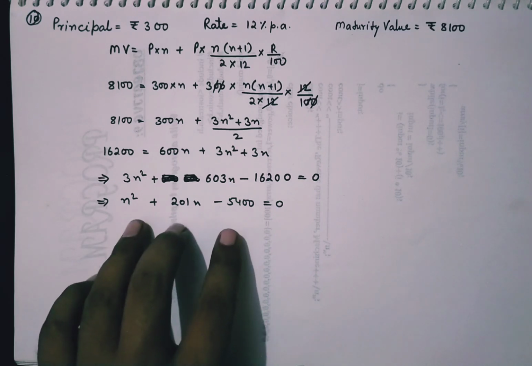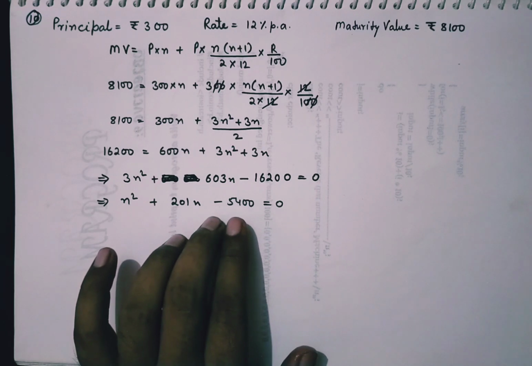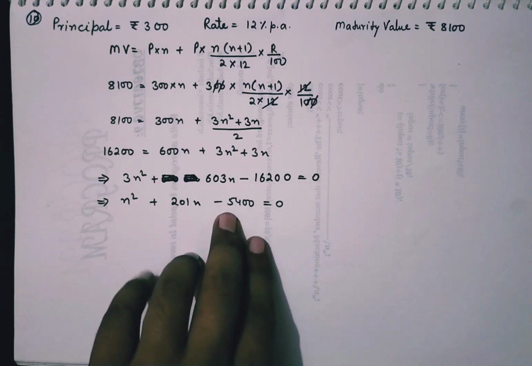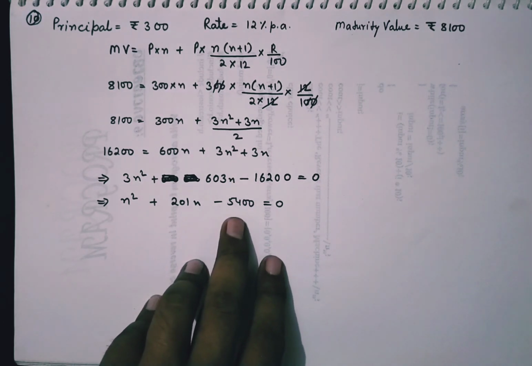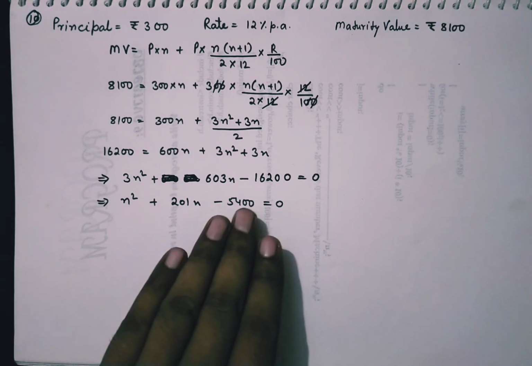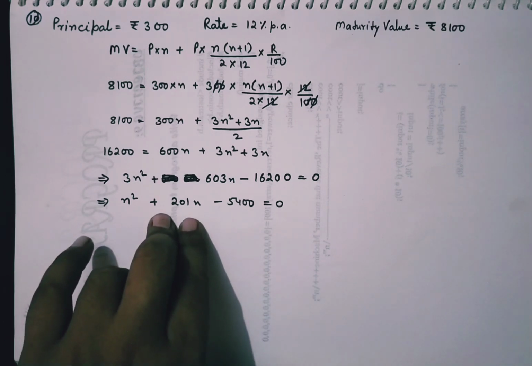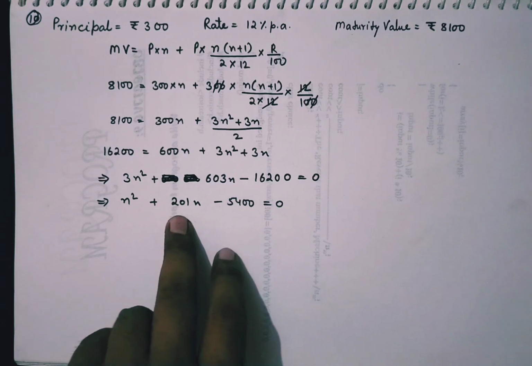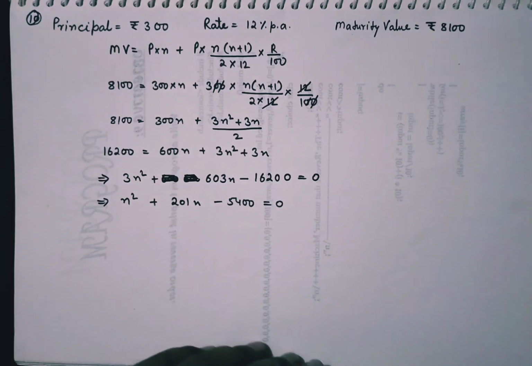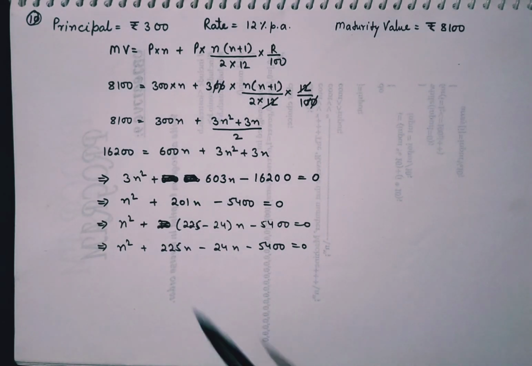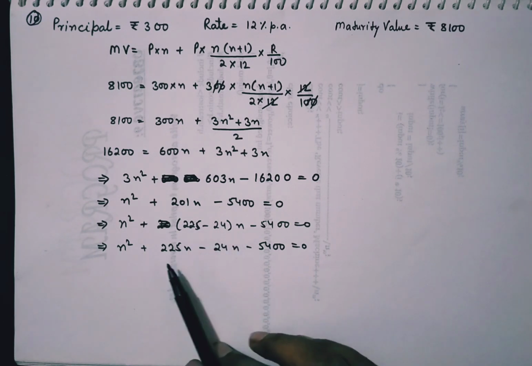Now for that we proceed with the prime factorization of 5400, and we get 225 into 24. 225 into 24 is 5400, and 225 minus 24 is this much. So we are going to split 201 as 225 minus 24. Now here we have split 201 into 225 minus 24, and then we have just opened the bracket to get this.